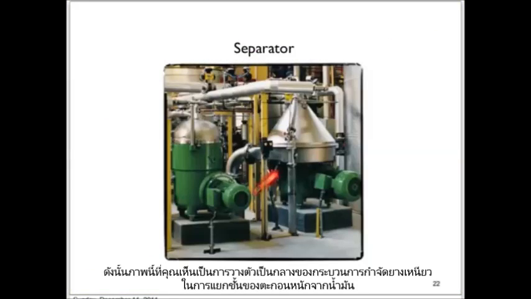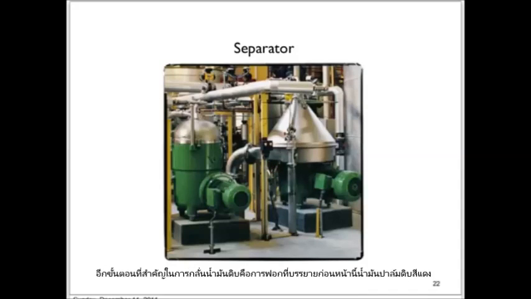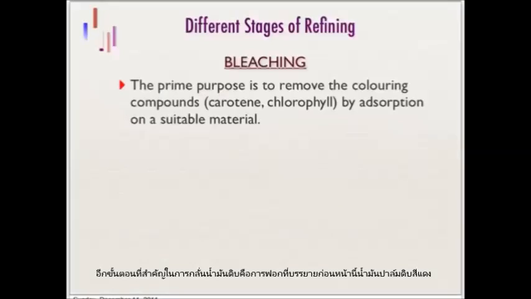So this is the picture of the separator which is used in the neutralization or degumming process to separate the heavy layer of sediments from the lighter phase of the oil.